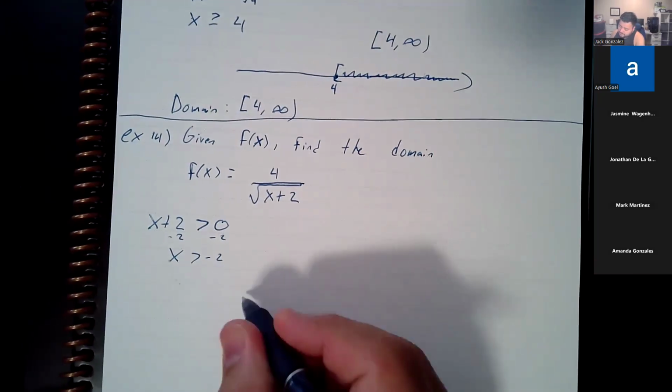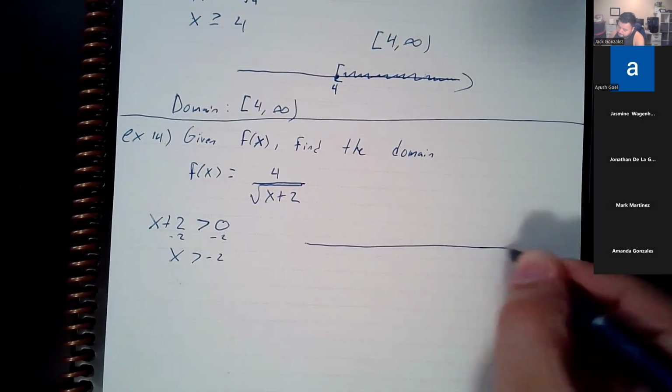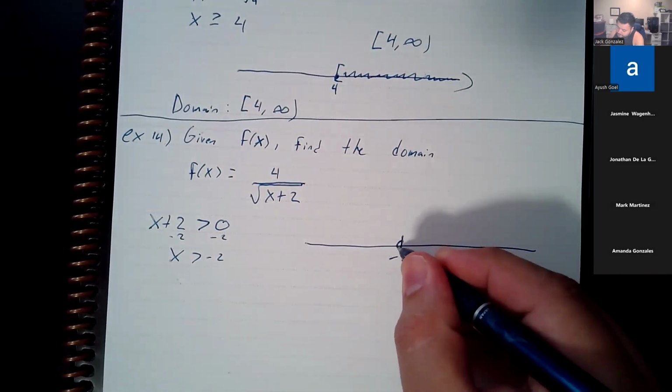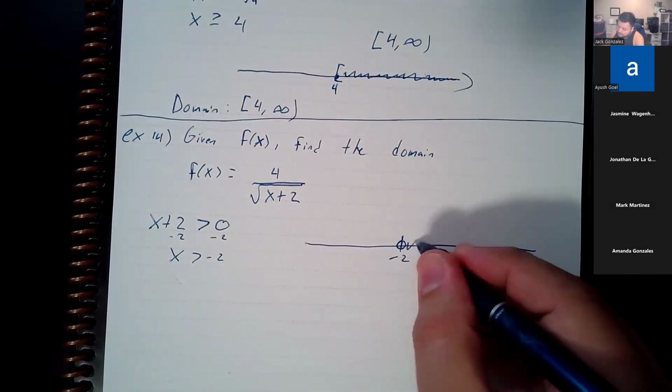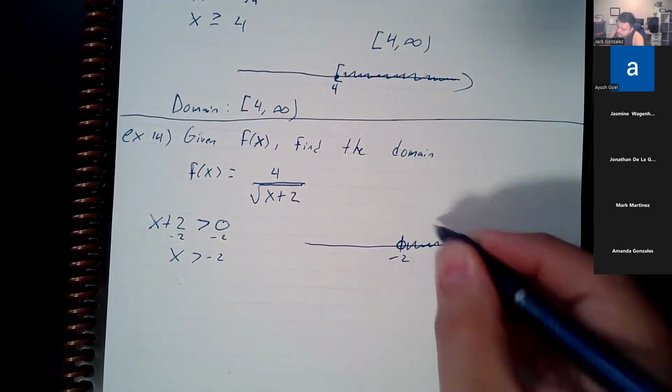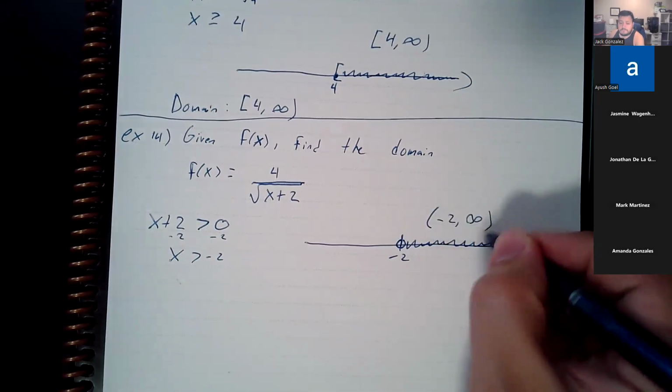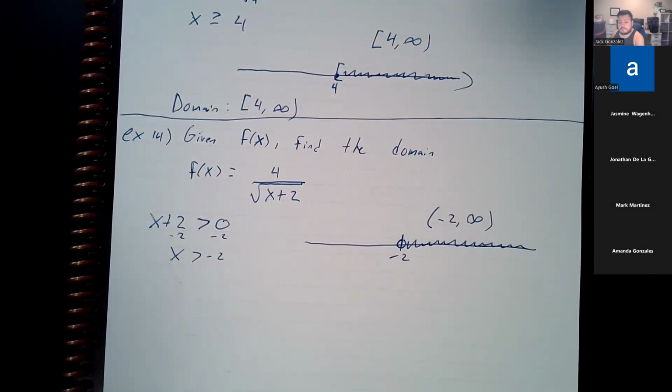So on a number line, negative 2 is a problem, everything after is okay. So you would put a parentheses and everything after be infinity.